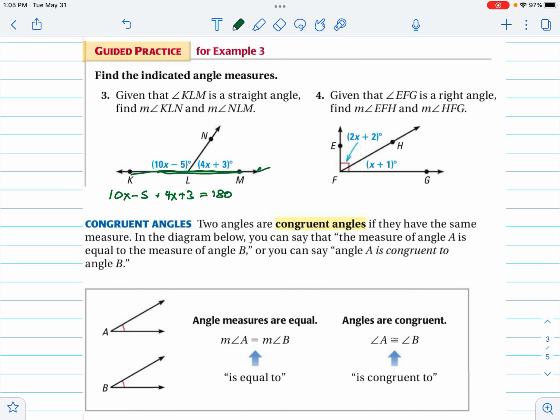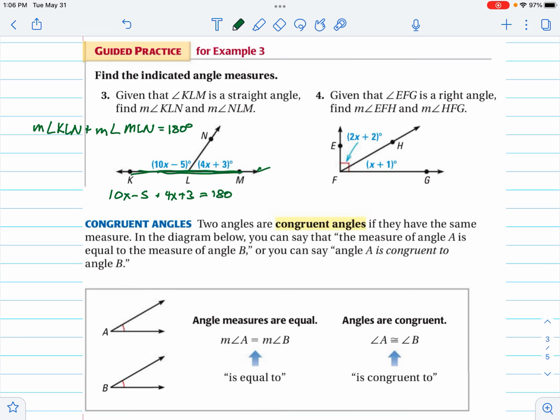In other words, here's what we know. The measure of KLN plus the measure of angle MLN has to equal 180 degrees because that's a straight angle.